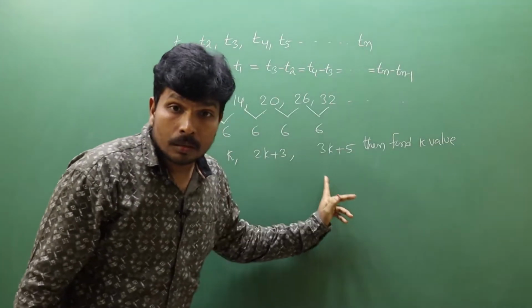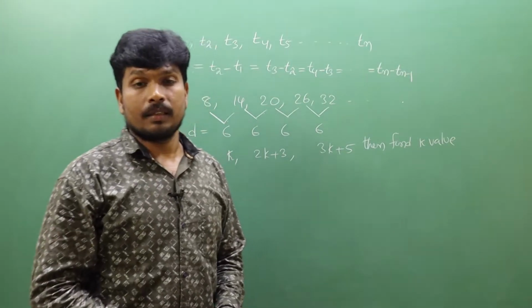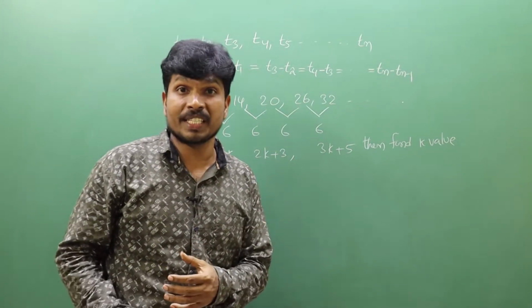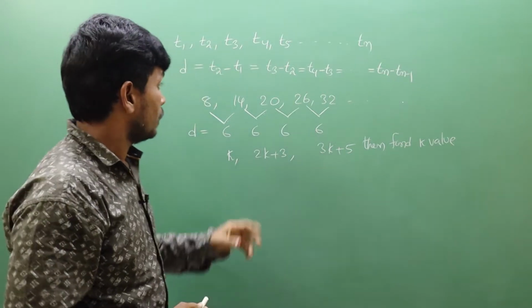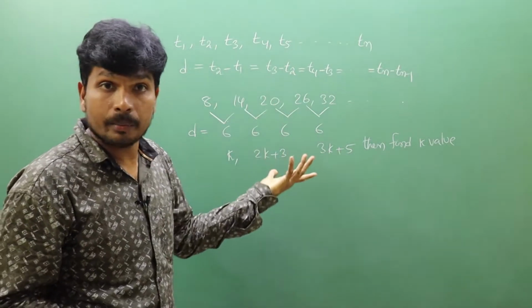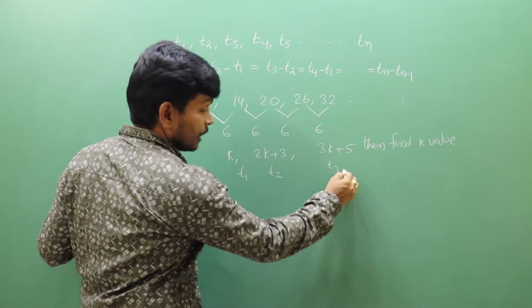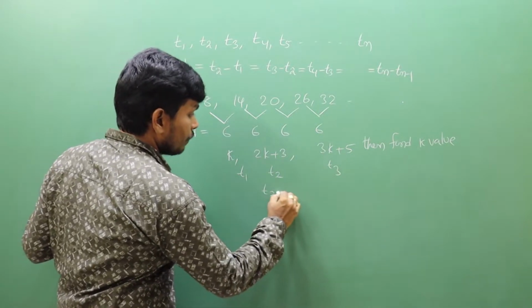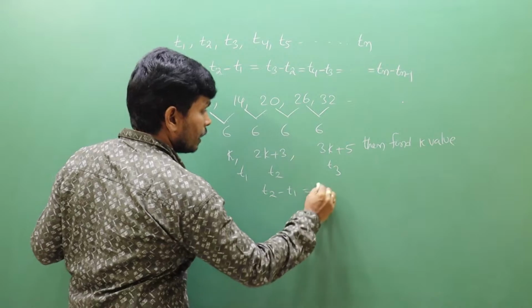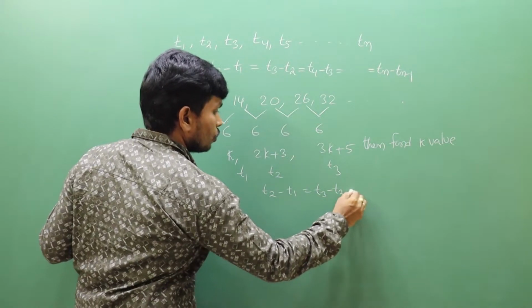These are the three terms in an arithmetic sequence or arithmetic progression, which means their common differences are the same. So this is T1, this is T2, this is T3. T2 minus T1 is equal to T3 minus T2.